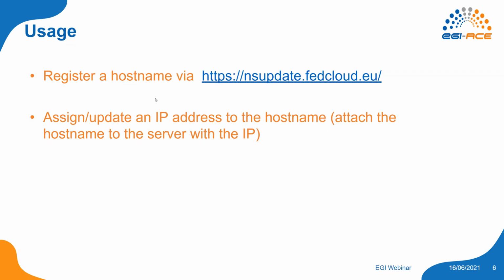After registering the hostname, you can assign an IP address to it. It means you virtually attach your hostname to your server with its IP address. After that, you can access your server via the hostname instead of the IP address. So the service is complicated, but the usage is very simple.